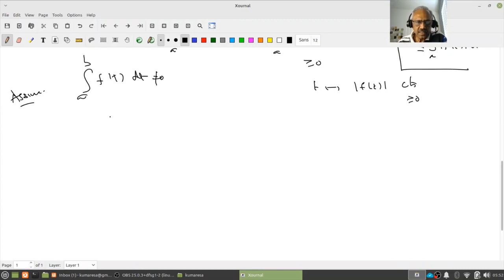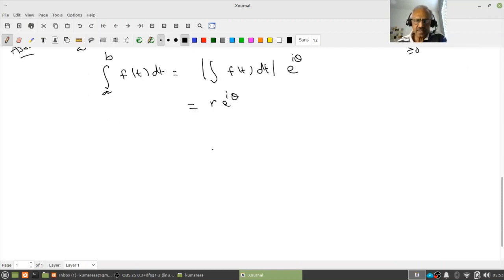Then I know that the integral of f(t) dt is a complex number, therefore I can write it as r e power i theta, where r equals the modulus of the integral of f(t) dt.